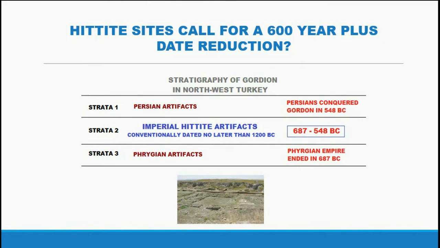The Phrygian kingdom came to an end when the Sumerians attacked it in 687 BC. So this leaves the second stratum sandwiched neatly between these two precise dates, 687 and 548 BC. Now this second stratum turned out to be a conundrum, as it contained a copious amount of Hittite pottery and telltale pictographic hieroglyphics.